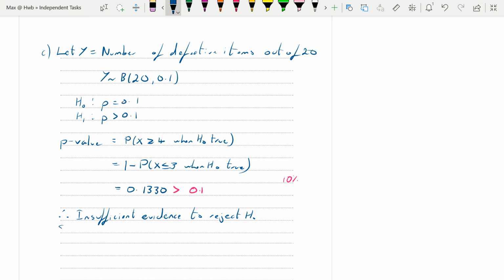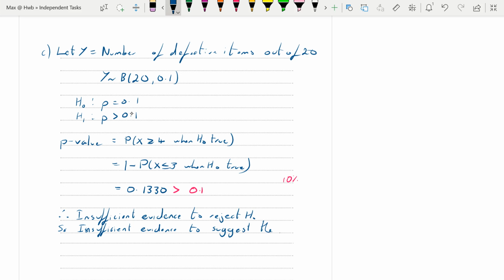Okay, so I'm going to say, so insufficient evidence to suggest, and I'm going to steal the wording from the question. Okay, so the question said, there is evidence that the proportion of defective articles has increased. I'm just going to steal that wording, okay?